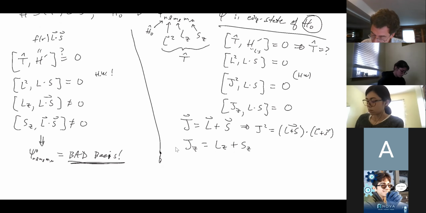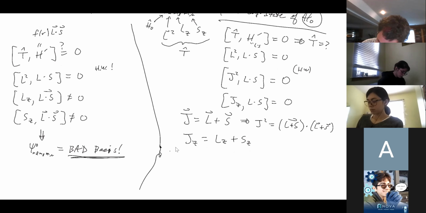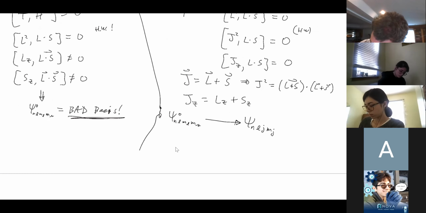And now suppose we take our eigenstates psi n L M sub L M sub S, and now suppose we convert to a new basis, which is psi n L, but now it's going to be J M sub J, and this is a new basis.